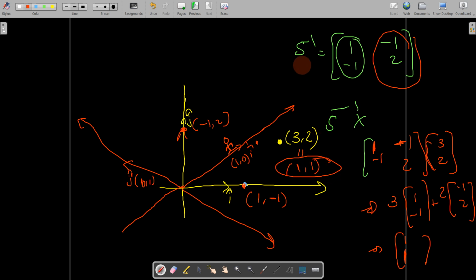So when you multiply with S inverse, your inputs are scalars or points, coordinates represented in the original coordinate system. By multiplying with S inverse, you get the coordinate of the same point when you change the coordinate system to the red eigen coordinate system. Okay, so you have changed from the original coordinate system to the eigen coordinate system.